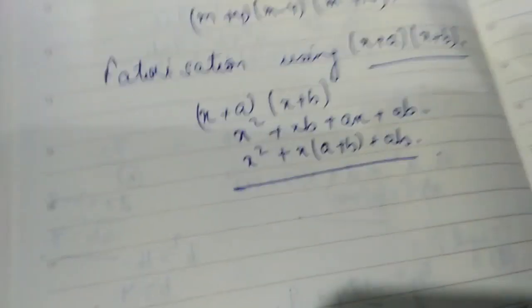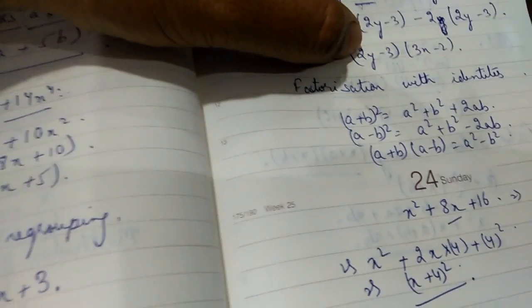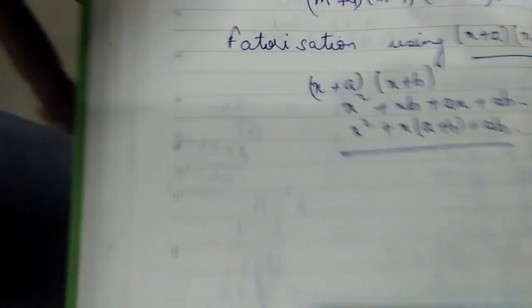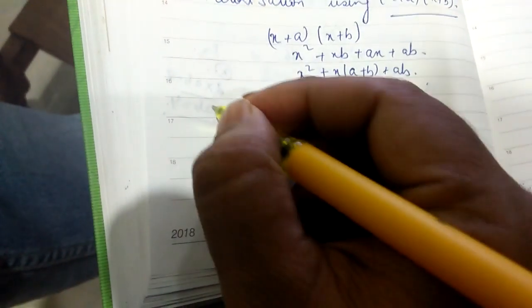So the difference between (a plus b) the whole square, which has 2ab, and this one is that instead of 2ab we are getting x into (a plus b). Okay, so you need not be worrying about it. We'll see a few questions to make things clear.